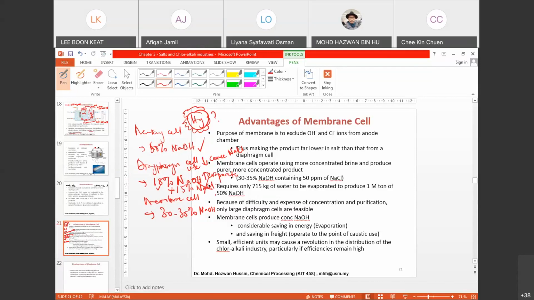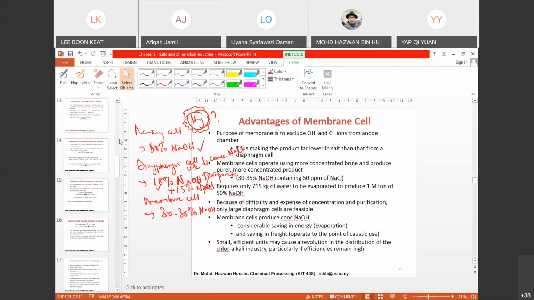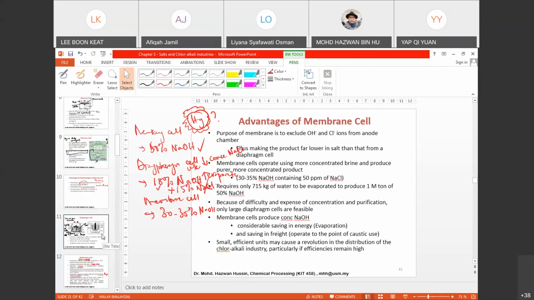Doctor, question. For the diaphragm cell, did you not write 12% NaOH? The sodium hydroxide percentage for the diaphragm cell? 12%? Really?